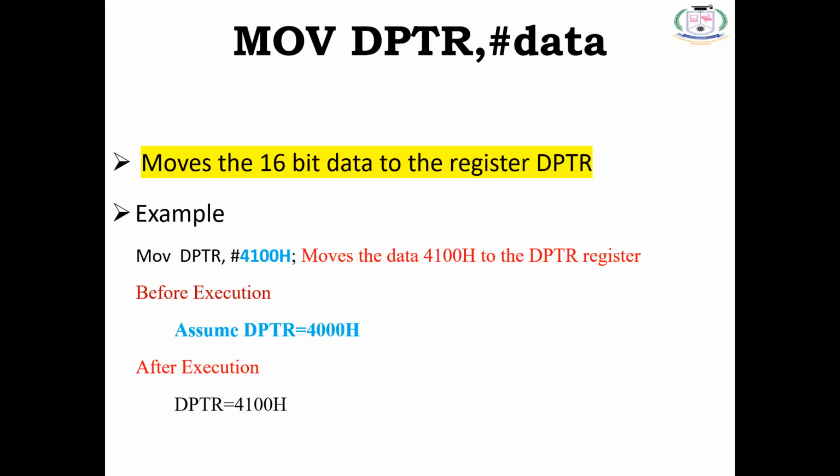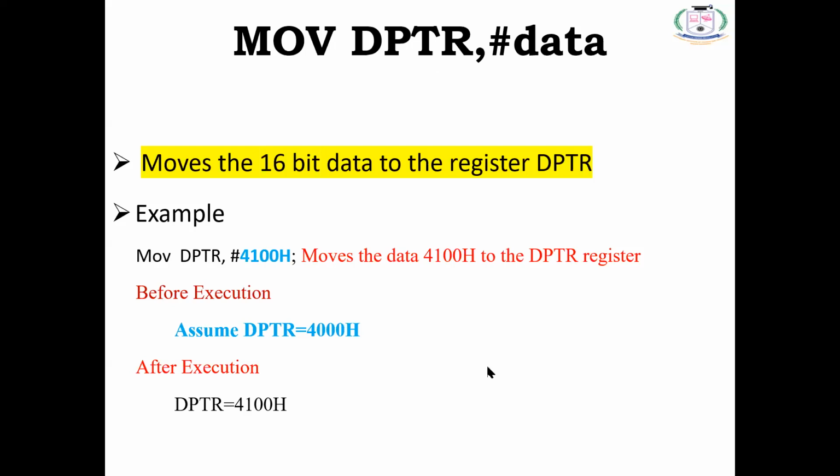But here it is 16-bit data. So if I'm moving MOV DPTR, hash 4100, the 4100 should move to DPTR. DPH will hold 41. DPL will hold 00. Are you clear? So for DPTR I have to load 16-bit data. Always remember, because DPTR is a 16-bit register.